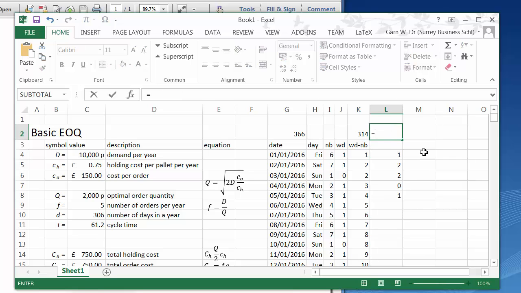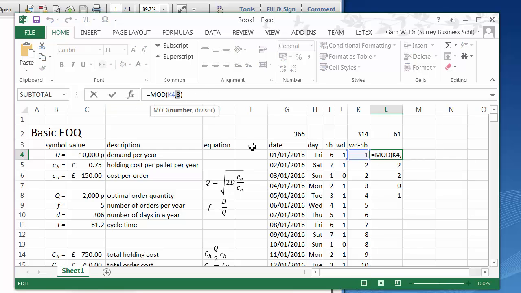So let me use this one as the cycle time. I'm going to round that with 0 decimals. Obviously it would be more precise to have 61.2, but here there are some imprecisions which we get now.